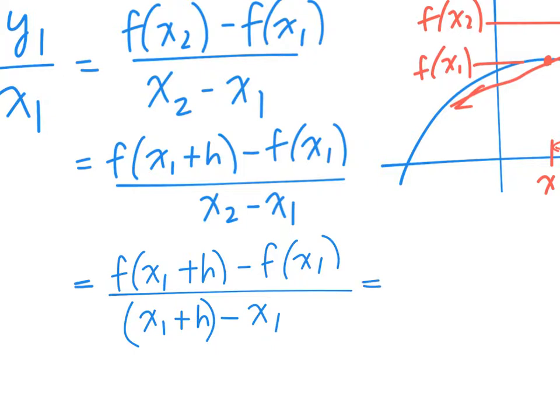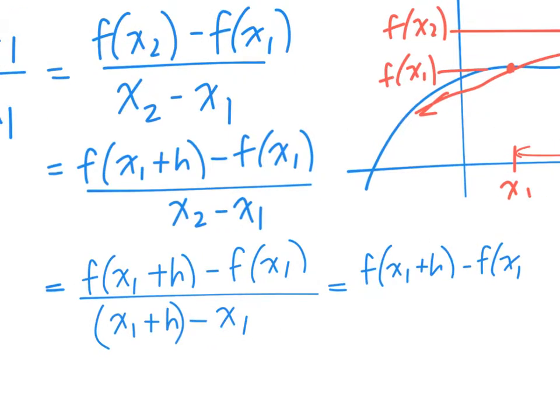So then this becomes f of x1 plus h minus f of x1, and it's just h on the bottom. Okay, so this now is our very simplified secant slope formula in terms of just x1 and the distance between x1 and the next point, whatever that point is.